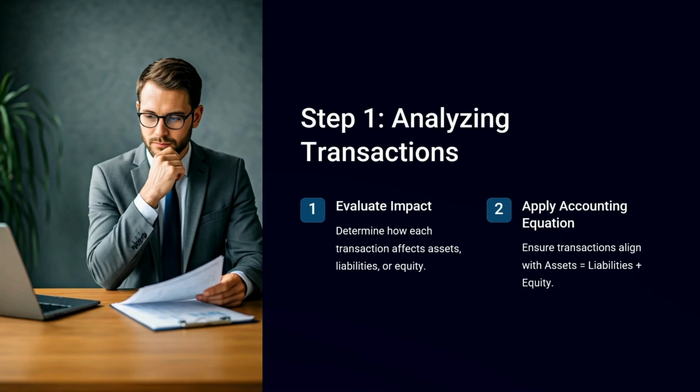For example, when a business sells 1,000 of goods on credit, it increases accounts receivable, an asset, and revenue, part of equity. This step ensures each transaction aligns with the accounting equation: assets equal liabilities plus equity. Keeping this balance is crucial for accurate financial reporting.